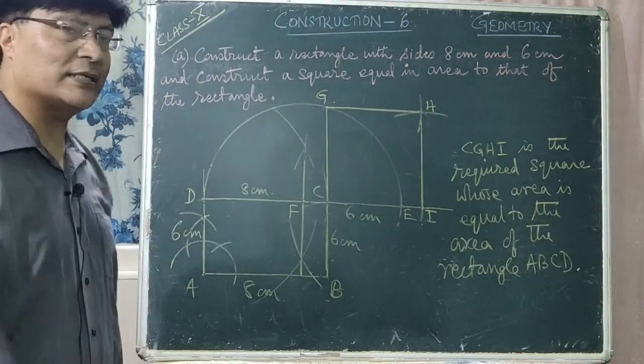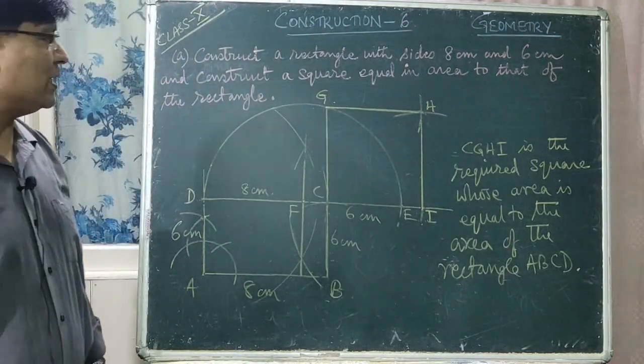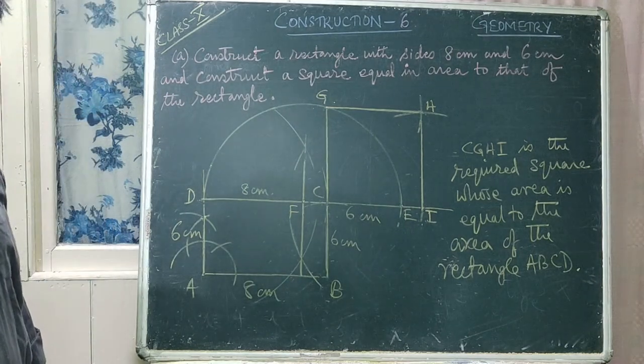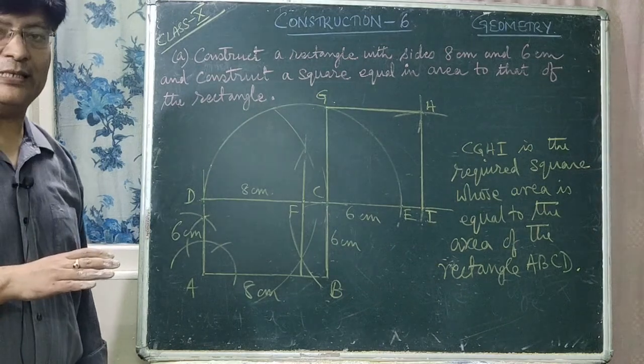So I think you have understood it. So CGHI is the required square whose area is equal to the area of the rectangle ABCD.